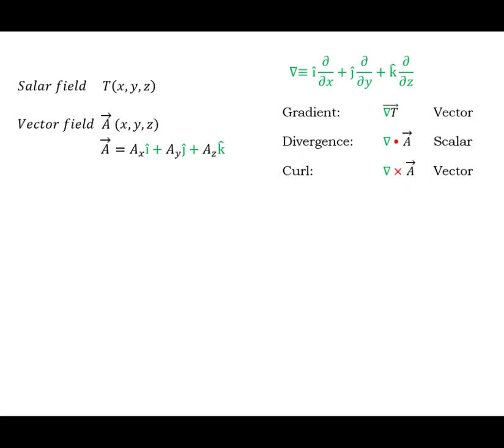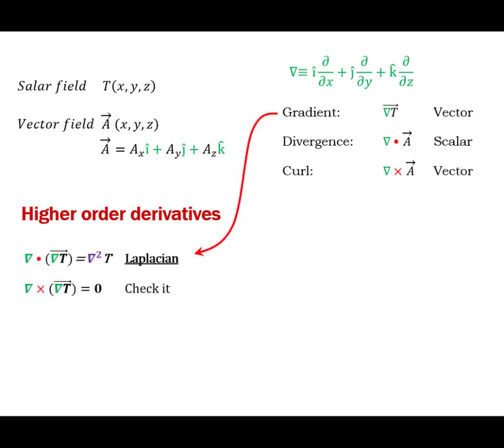If we wish to compute higher order derivatives, then for the gradient we can have two types of second order derivatives, which are the divergence of the gradient, because the gradient is a vector, and this vector can be operated on by the del operator via cross product to give the curl of the gradient, which is 0.